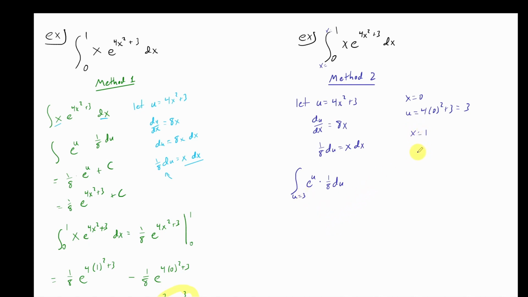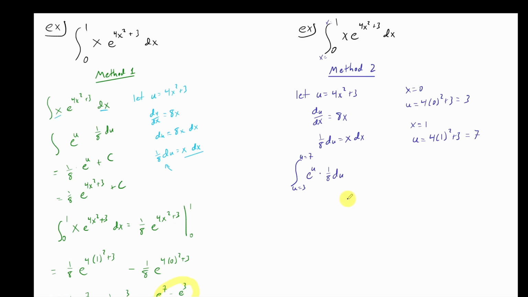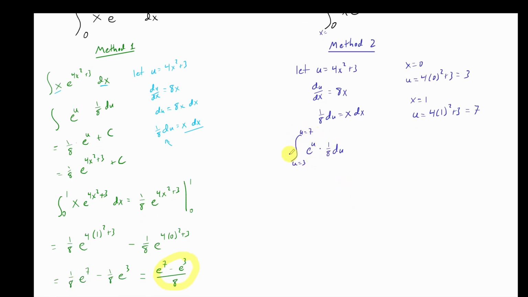And when x is equal to 1, u is 4 times 1 squared plus 3, which is 4 plus 3, or 7. So my upper limit of integration where x was equal to 1, I can replace with u equals 7. And now I have the integral from 3 to 7 of e to the u times 1/8 du.